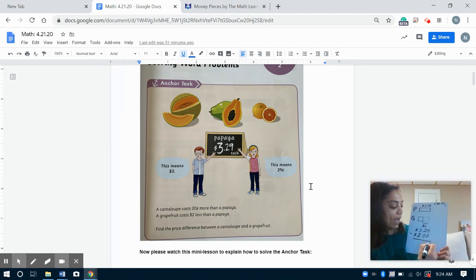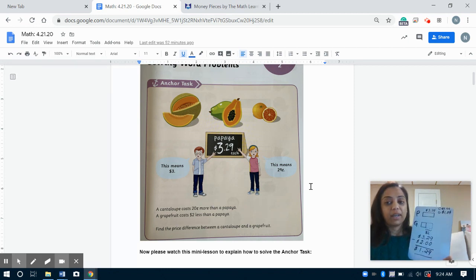And so when you do that, 9 minus 0 is 9. 2 minus 0 is 2, right? Make sure you line it up. The decimal point comes down. $3 minus $2 gives us $1.29. This is the cost of the grapefruit. So I'm going to write that up here so I don't forget, right?